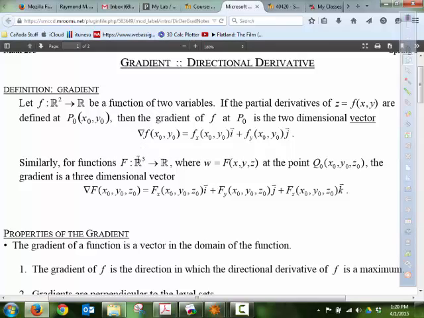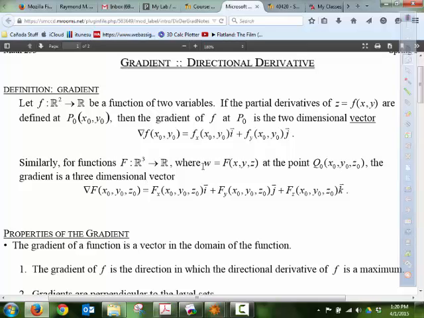On the other hand, if we have a function that can be expressed as a function of x, y, z equaling a number, a scalar, then your gradient there is a three-dimensional vector.